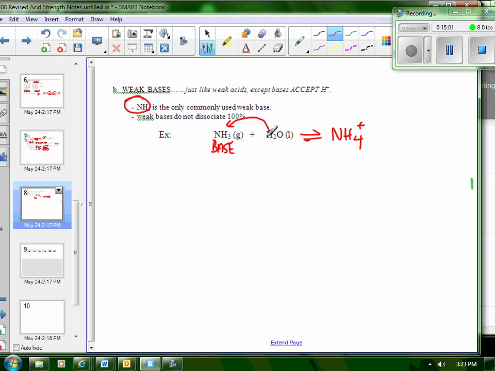What's left of the water? It lost an H, kind of acting as an acid, which you will see in your homework, since water can act as an acid or a base depending on the situation. It's going to make ammonium, and what's left of the water is OH-. That is what makes ammonia a base, and I will show you that in class.